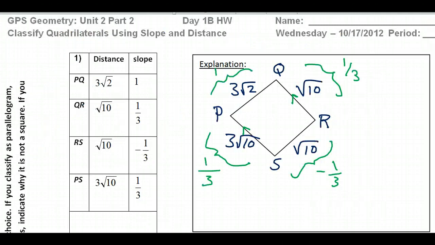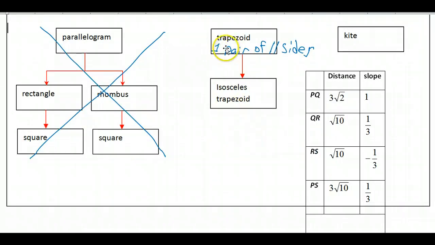Looking at our chart, does this have one pair of parallel sides? Well, yes, it does. See the 1/3 and the 1/3? These are parallel sides. The other pair is not parallel, 1 and -1/3. So I already marked that before. QR and PS are parallel, one pair of parallel sides. So right there, I know that this is a trapezoid.